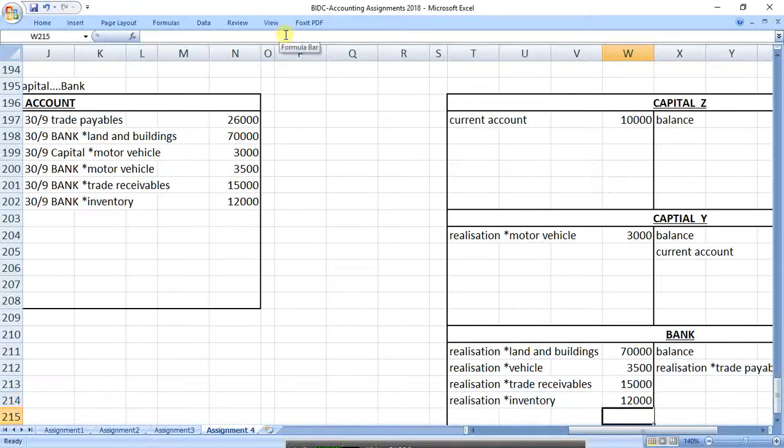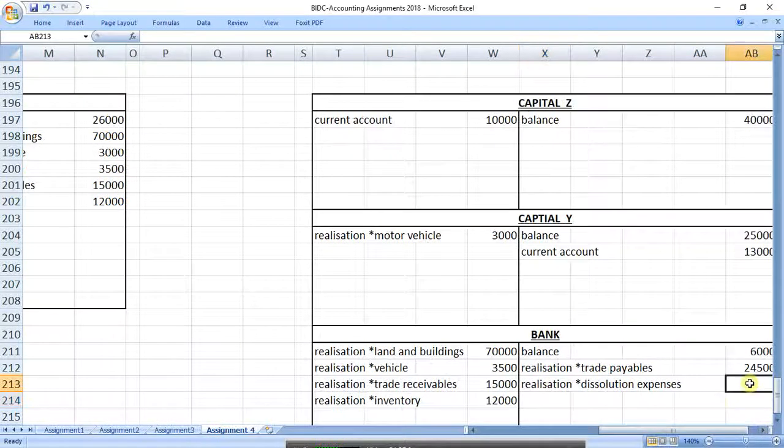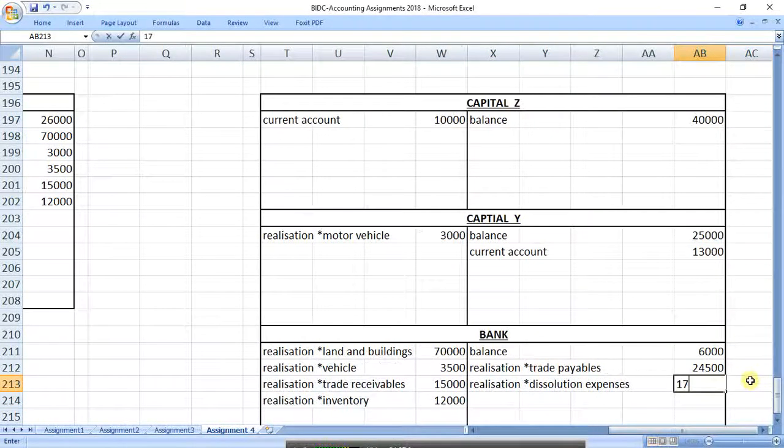And the expenses of dissolution was 1.7. Expenses for dissolution, meaning you would have paid expenses. So realization, and that would have been the dissolution expenses. How much were the dissolution expenses? 17. 1700.